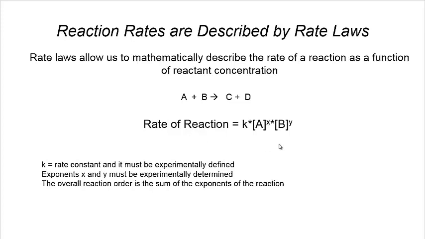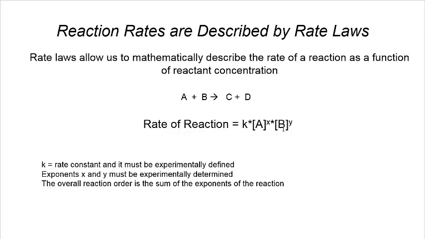On the other hand, let's say the exponent for B, y, is 2. If we double the concentration of B, the rate of the reaction is going to increase more than double, simply because we have to raise B to an exponent power, in this case 2. So if we were to double the concentration of B with y as an exponent of 2, the rate of the reaction would quadruple.